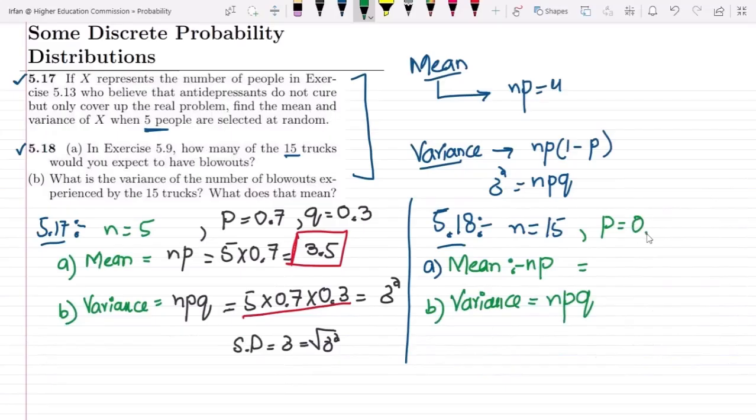So P was 0.25, and let me put these values here. It would be NP, so N is 15 multiplied by 0.25, and here will be the answer.